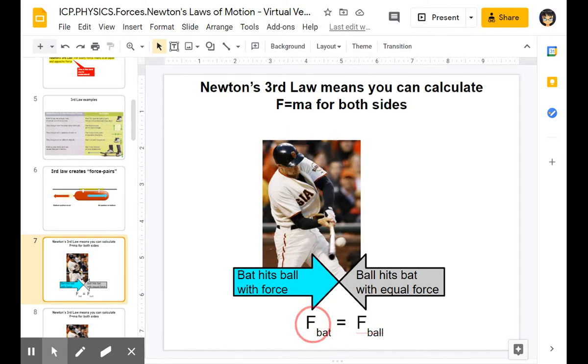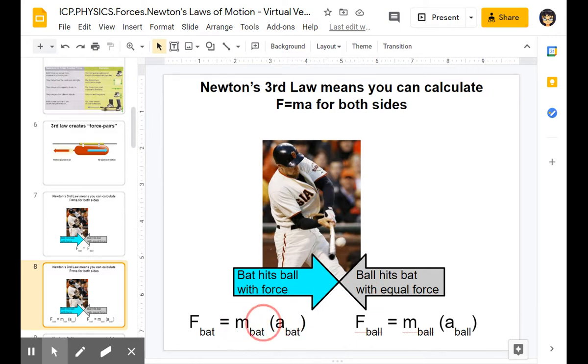So if there's a force here and a force here, then there's a mass times an acceleration on this side, and a mass times acceleration on the other side.